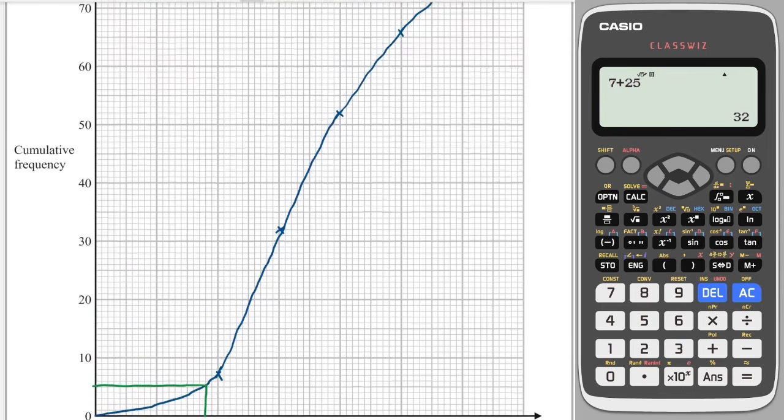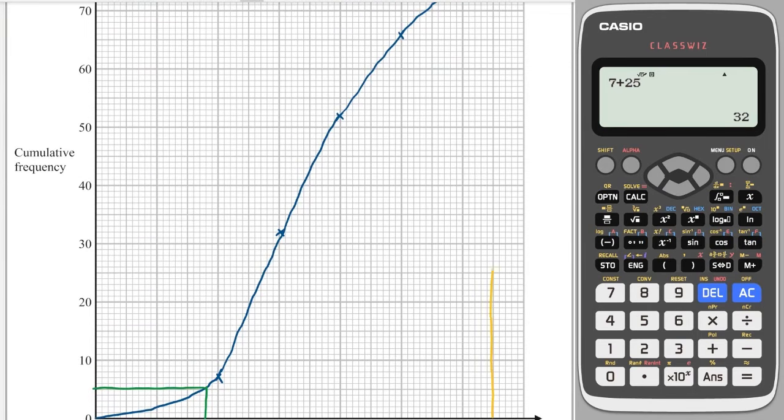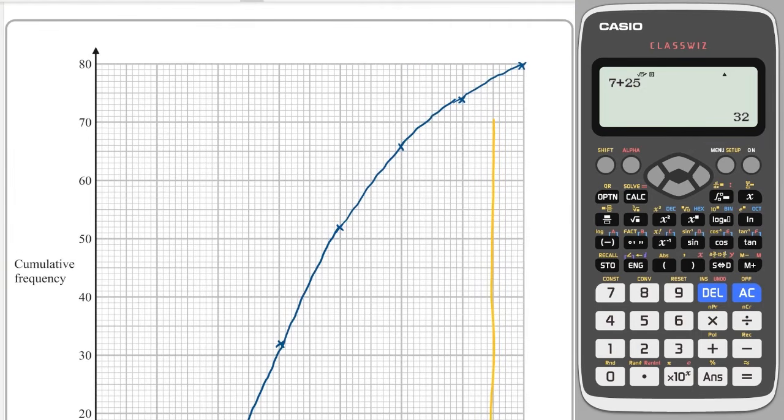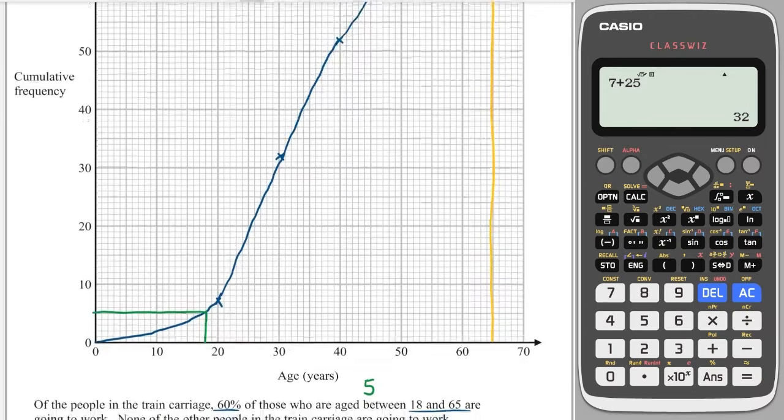And at 65, we go up along here, all the way right up to the top, and across, which tells me there are 78 people less than 65, but maybe more usefully, there are 2 people who are older than 65.